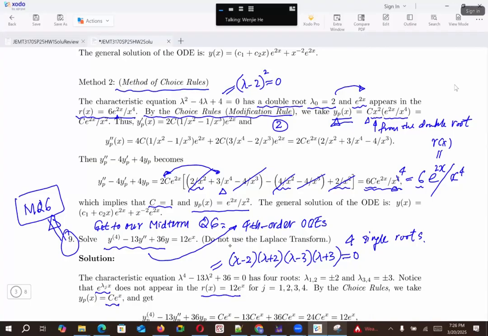So you expect to have 4 roots, 4 real roots. Here, I give you 4 real roots. I do not give you complex roots. But the 4 real roots should be in this way.